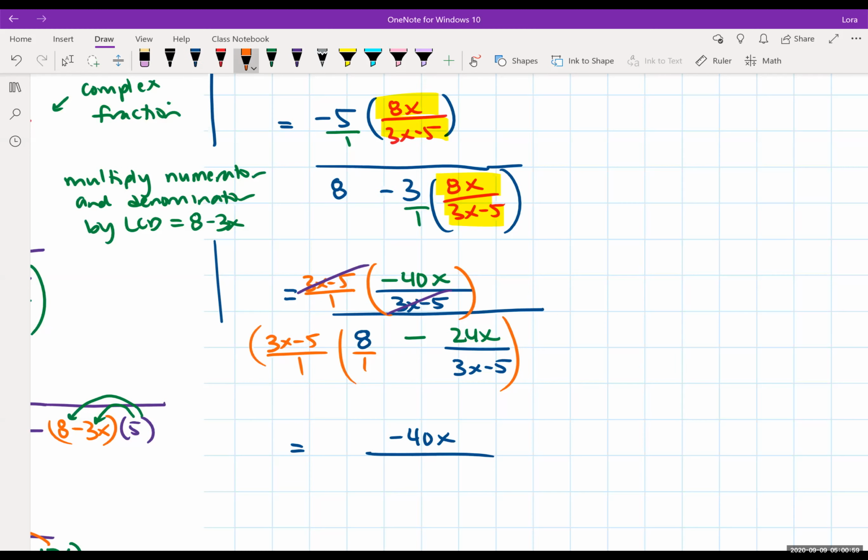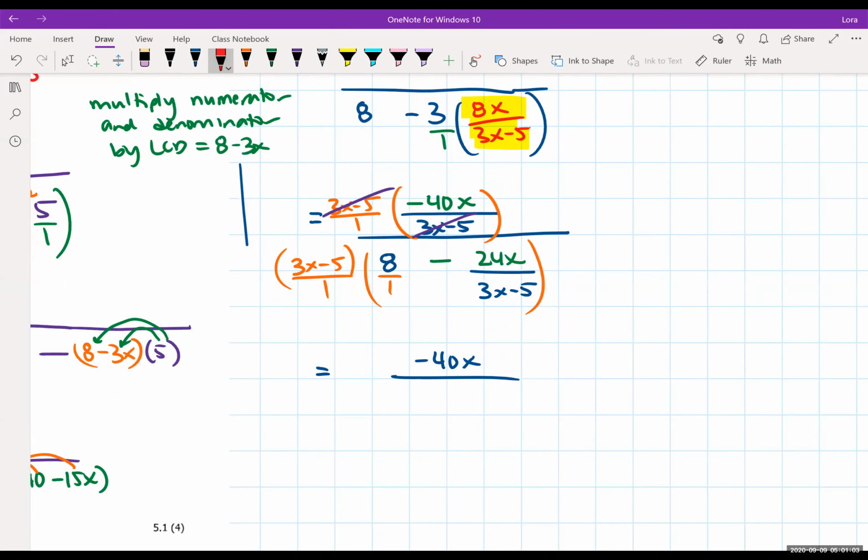That is a binomial times a monomial, so keep in mind we're distributing to both of the terms. I'll take the liberty of a minor shortcut here because we saw the idea in the last part of the example. 3x minus 5 times 8, distributing the 8 to both terms, I should get 24x, that's 8 times 3x, minus 40, 8 times 5.